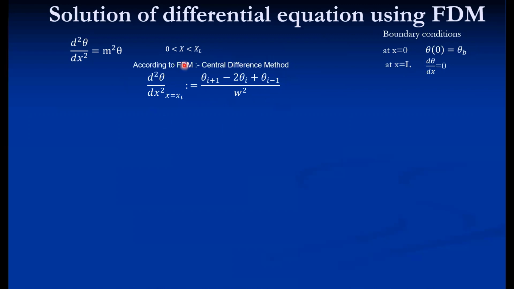So this is according to the central difference method. For detail, you can Google it. You will learn the expressions for central difference, forward difference, and backward difference. This is the expression for central difference.